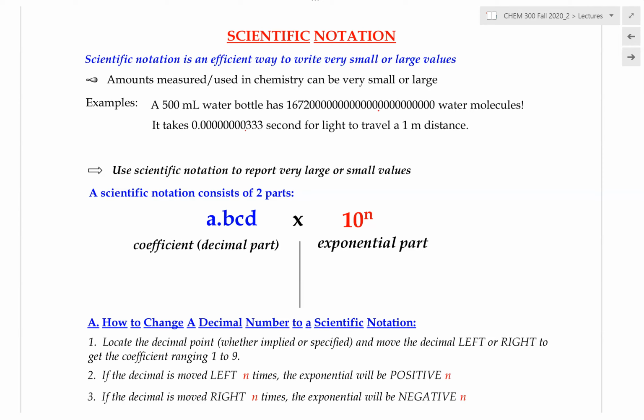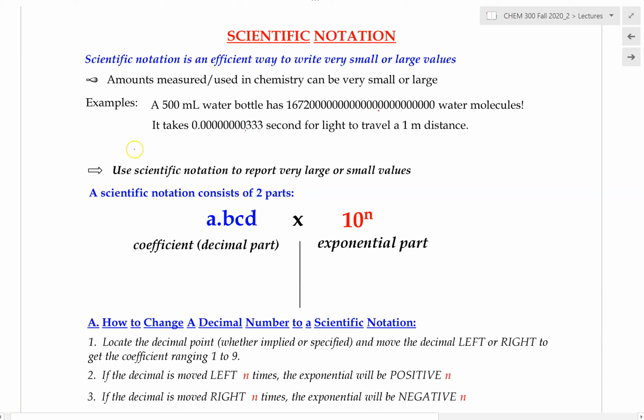And we all know that by leaving out a zero or adding an extra zero, we can change the value significantly, right? So we have to use scientific notation, because it allows us to write very big or very small values easily, so that we're not changing the value unintentionally.